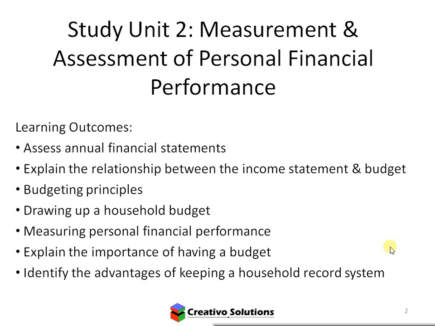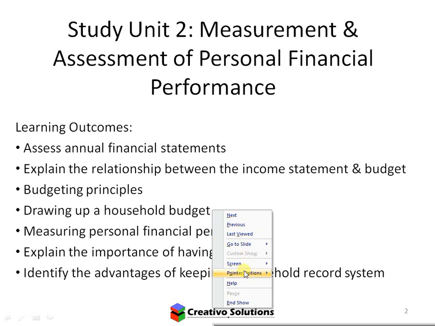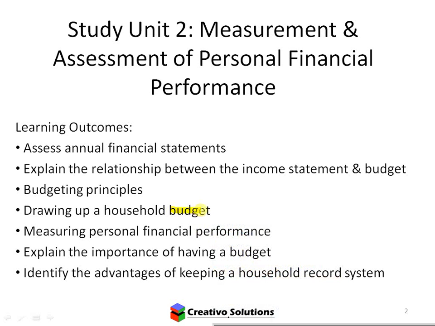Okay, so in this study unit, we're looking at measuring and assessing the personal financial performance, i.e., what are we actually doing? So what represents the doing? It's the budget. Do you agree? The budget is actually the plan. The budget is what you're going to be doing. What actually happens in reality is the actual.